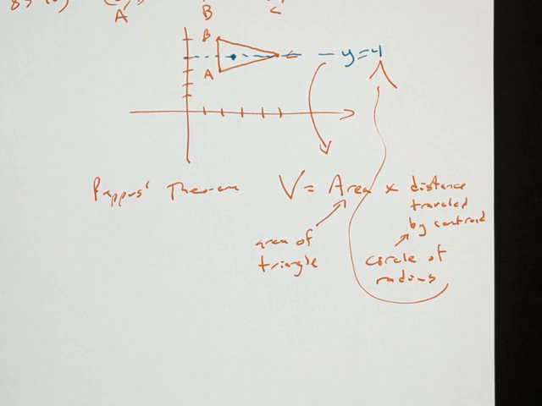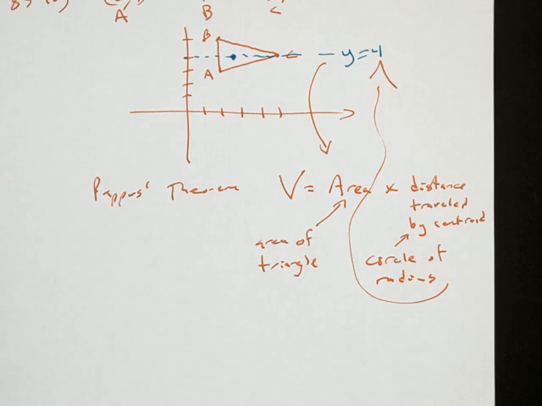More questions. Number 10 on 8.1: 36y squared equals x squared minus 4 cubed.